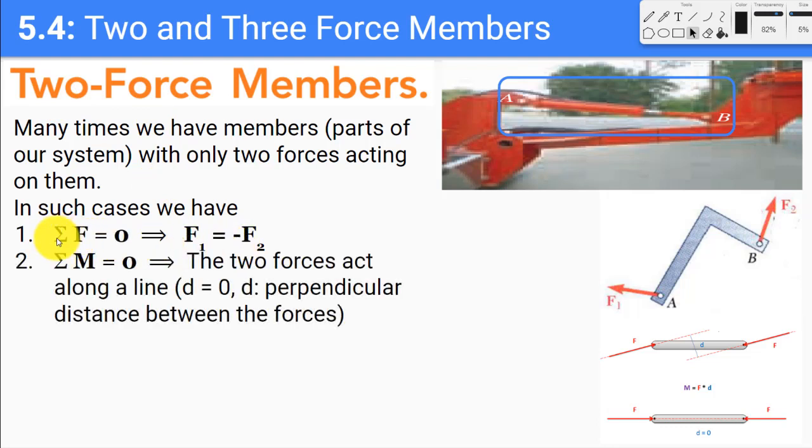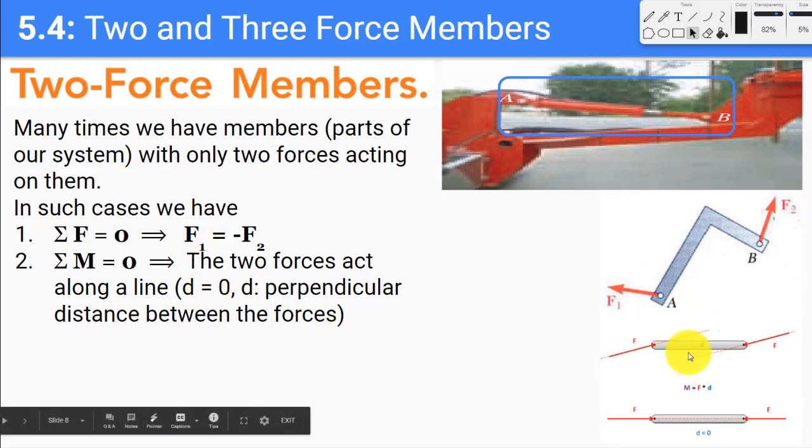And the second thing, these two force members also have to satisfy that the sum of all the moments has to be equal to 0. And because we already know that the two forces are equal and opposite in direction, that implies that the perpendicular distance between these two forces has to be equal to 0.